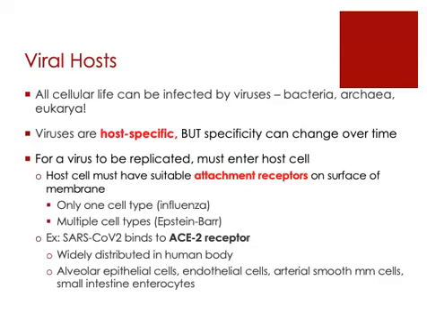The protein on the surface of the virus, whether it's the spike protein or some other protein, has to be able to bind to a protein on the surface of the host cell. That is what allows a viral particle to get into a cell.